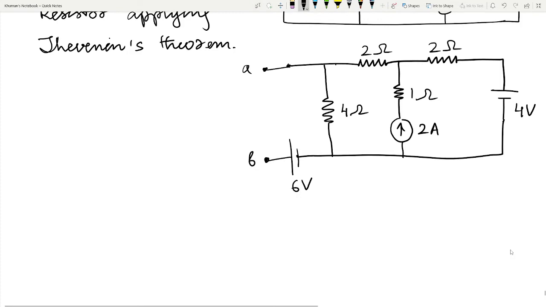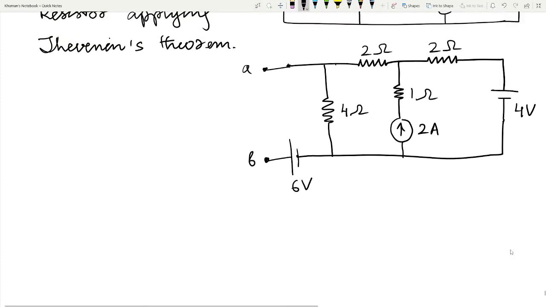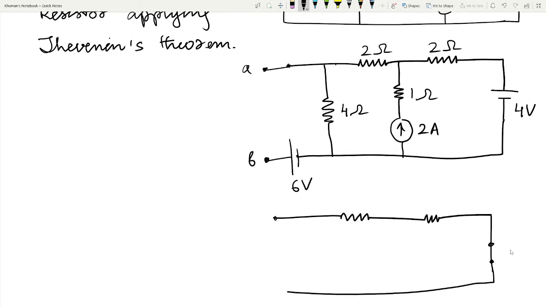In order to find the Thevenin equivalent resistance at the terminal AB, we will redraw the circuit and we will replace this 4 volt source by a short circuit. Its internal resistance is 0, so it is replaced by a short circuit. Again, this 6 volt source is also replaced by a short circuit.